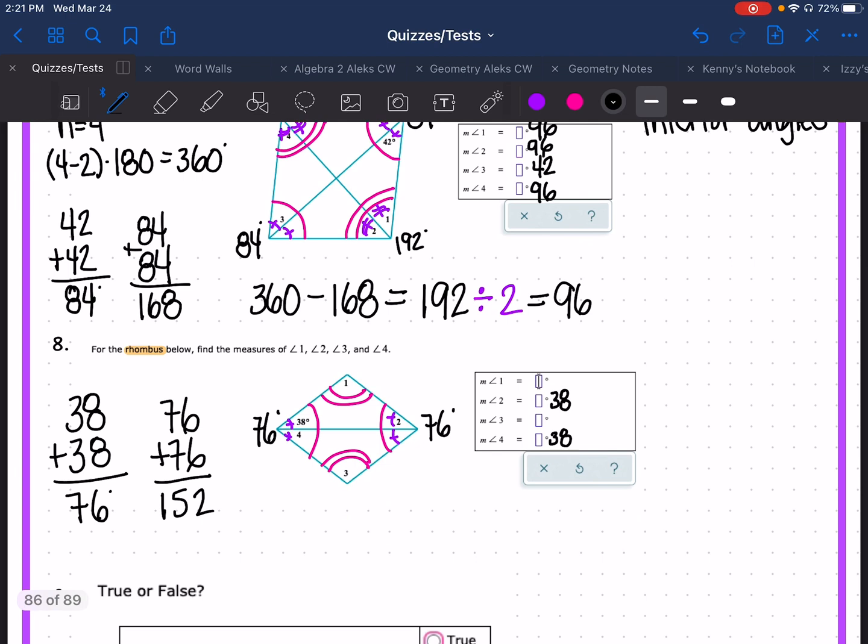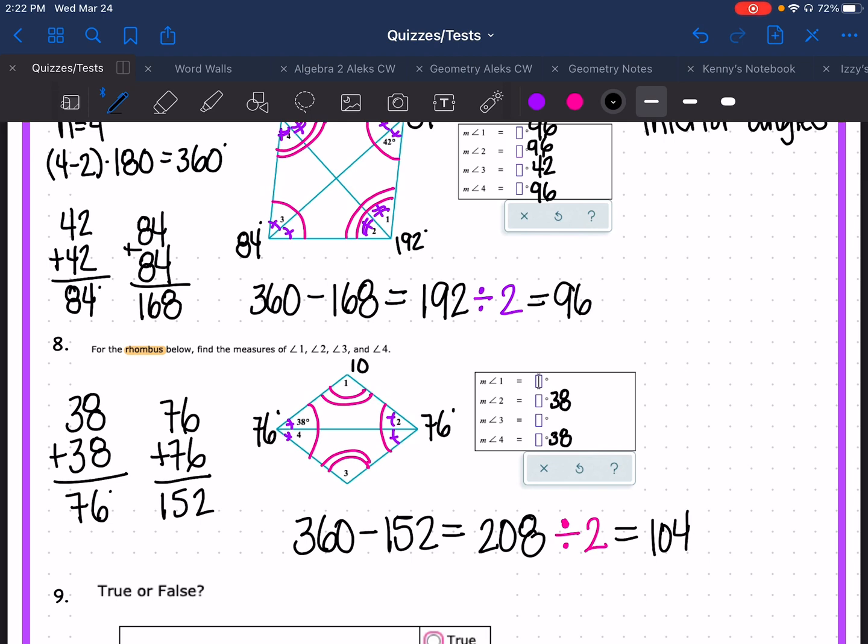And then just like before, I'm going to take my 360 and subtract my 152, which gives me 208. I need to divide that by 2, and that's going to give me what angle 1 and 3 are. I don't have to divide by 2 again because it's not splitting it in half.